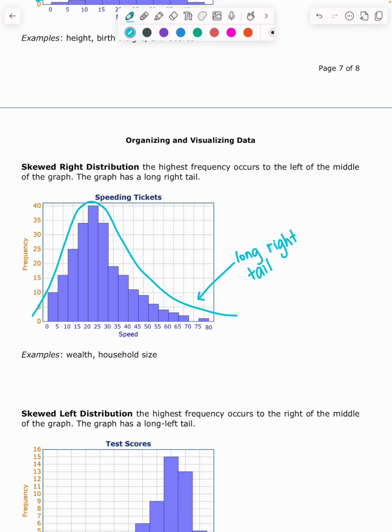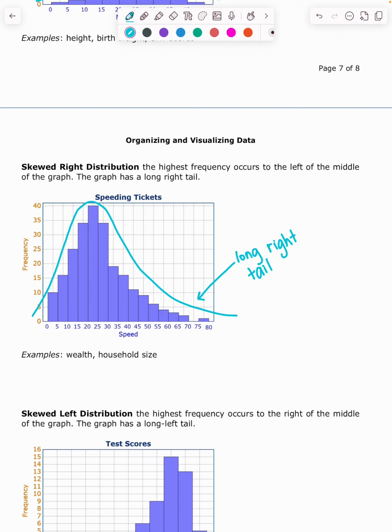Some examples of things that could be skewed right are the speed people are going when they get a speeding ticket. Most people are going 10 to 30 miles an hour over the speed limit when they get pulled over. And then you have those few people who think the new express lane on I-70 was made for me to go really, really fast, and I'm going to go 80 miles over the speed limit.